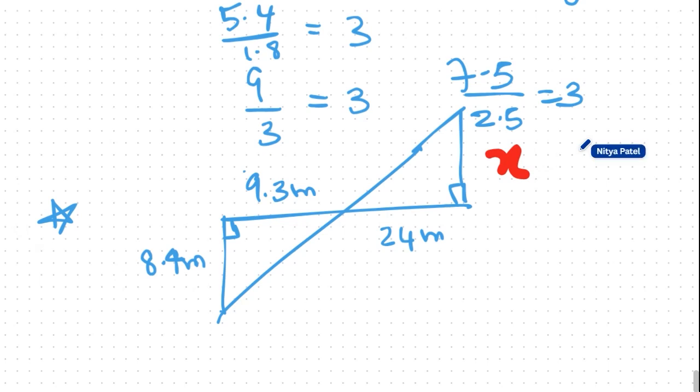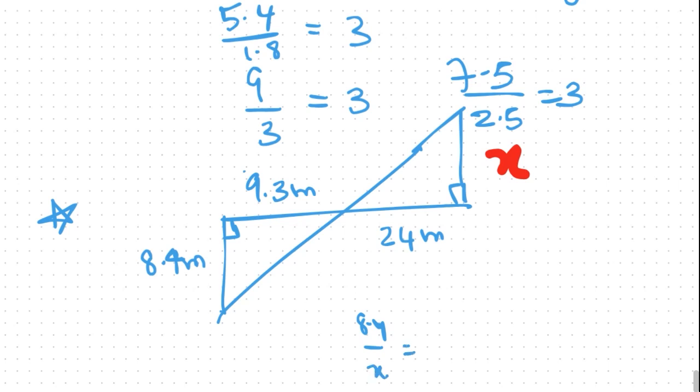So I would use that formula. They haven't given anything else yet. They didn't specifically mention that they are similar, but they are asking us to find x value. I can do 8.4 over x equals 9.3 over 24, cross multiply and then divide.